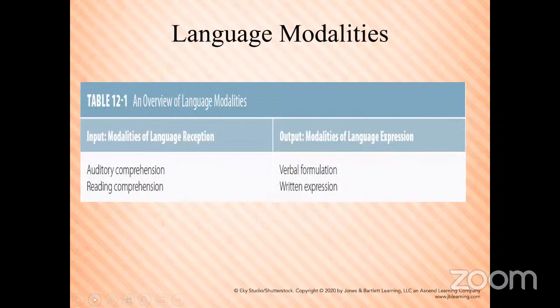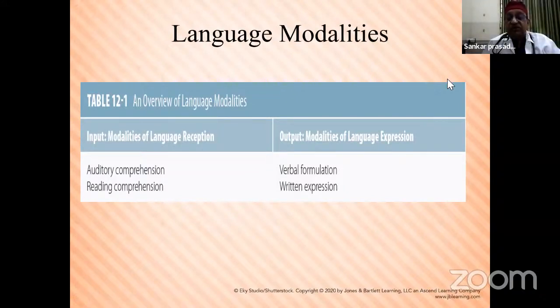So we have modalities of language reception, that is auditory comprehension and reading comprehension. Reading comprehension, which you can see. I can show you how we should do the reading comprehension. For the reading part, you have to have something to show like this.